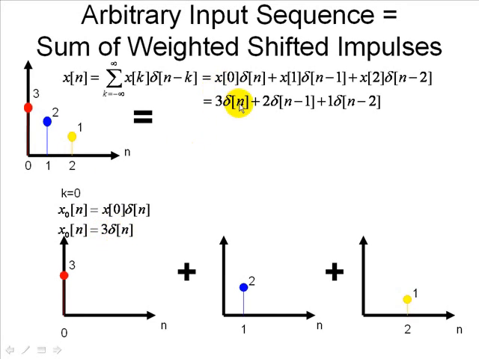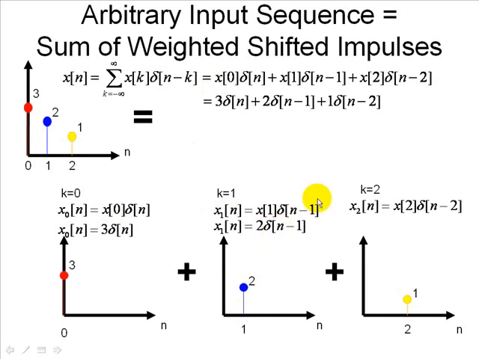Likewise for k equals 1, we have another subsequence, x1, which consists of a single impulse located at n equals 1, given by that term. And then for k equals 2, we have x2, an impulse located at 2, given by this expression, which has a weight of 1.